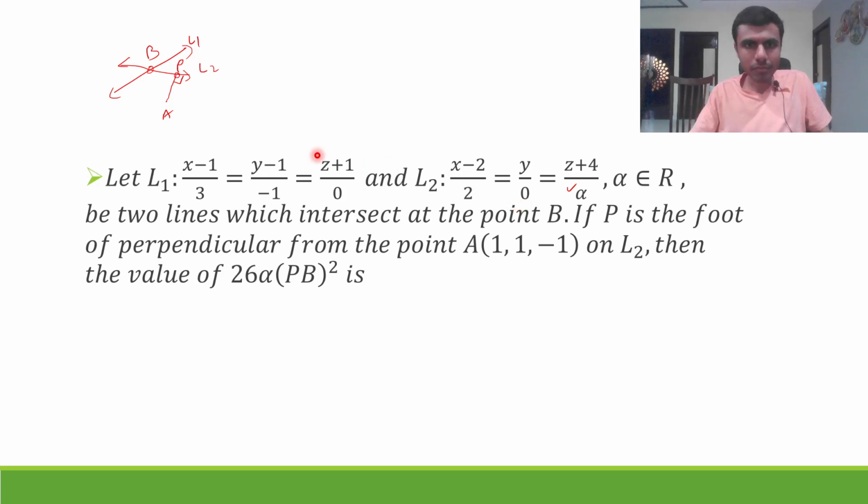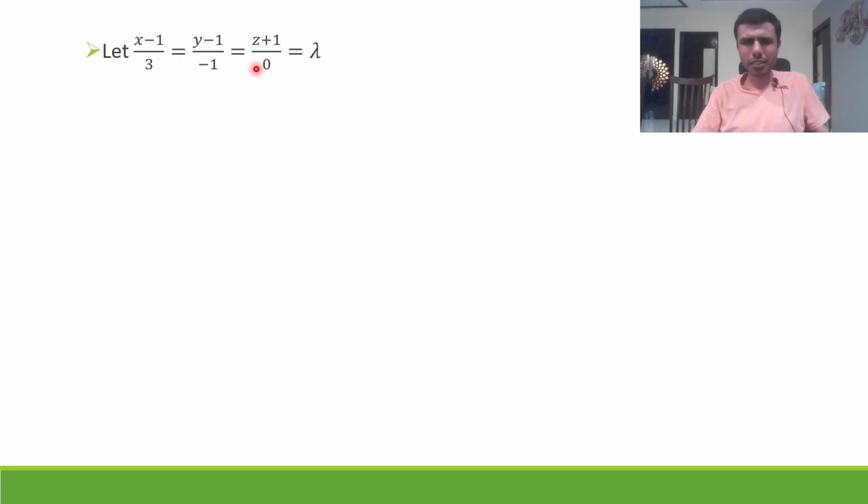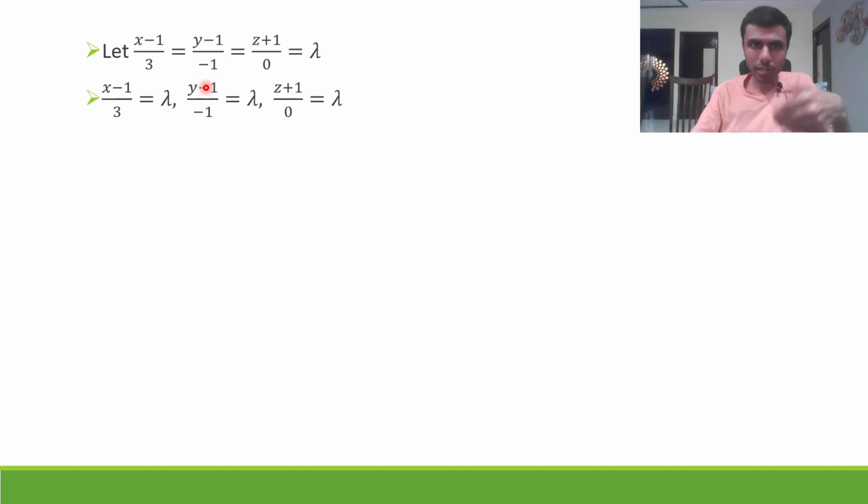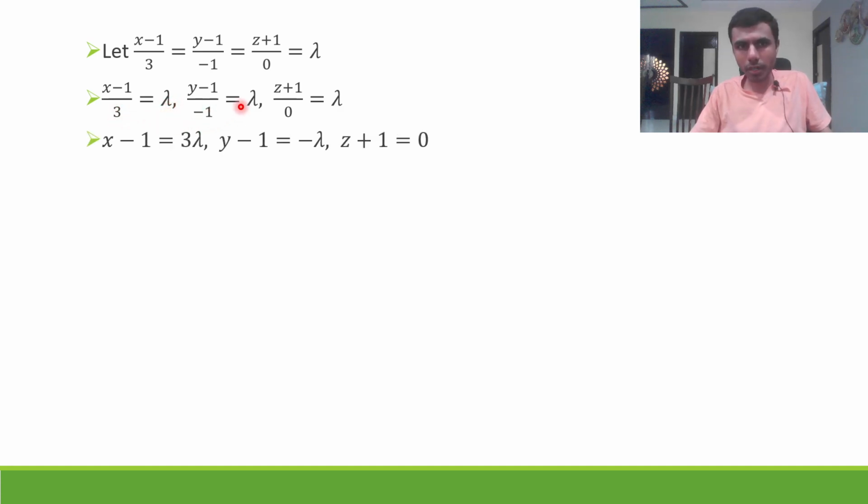How? See, the first line we can take the ratio as lambda, like we generally do. So what will I get? X minus 1 by 3 is lambda, y minus 1 by minus 1 is lambda, z plus 1 by 0 is lambda. I'm just trying to get any point on this line. So x minus 1 will be 3 lambda, y minus 1 will be minus lambda, z plus 1 will be 0.